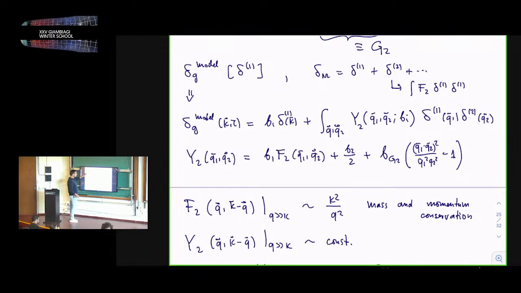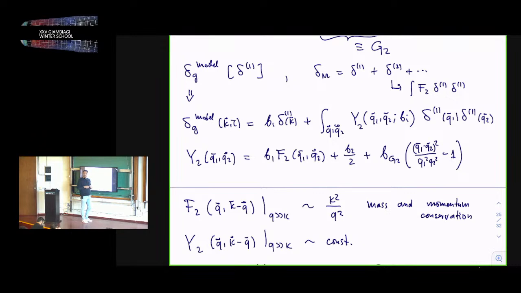I want to write it as a function of the initial conditions. So it has a part which is linear in the initial conditions, and then, oh sorry, there is a typo. And there is a part which is quadratic in the initial conditions. Then there will be a part which is cubic in the initial conditions, and so on and so forth.